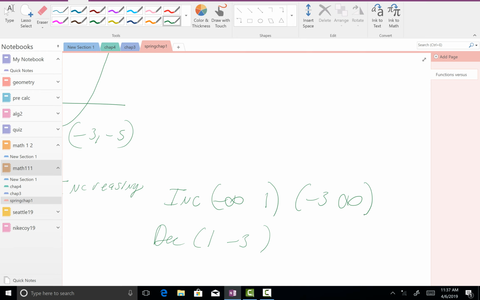Here, decreasing from -infinity to -3.25. So we go decreasing, we abbreviate it, -infinity to, I don't know, I put commas there, -3.2, something like that. Okay, increasing, -3.2 to go up here, snag this point, click, there it is.